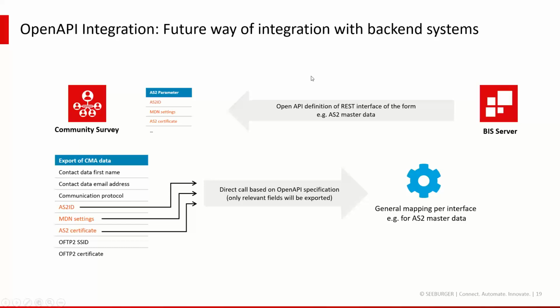And with that, I'm going to the next slide, the future way of integration. We want to offer the CMA admin the possibility to create a form based on a REST API, and also to call the API directly with the data that the user entered in the CMA system. So the goal is to make all the objects for the integration of the data reusable on the BIS server.